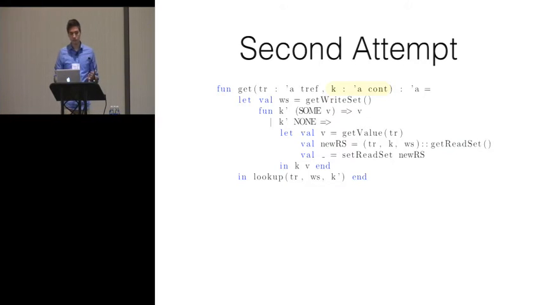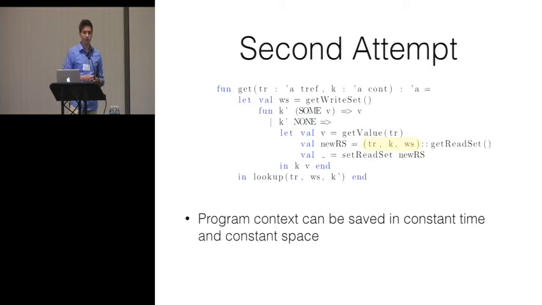When we invoke K, it computes everything that remains to be computed in this program. So we can take this continuation and store it in the read set, and we've essentially performed the same sort of checkpointing as on the last slide, but in constant time and constant space.